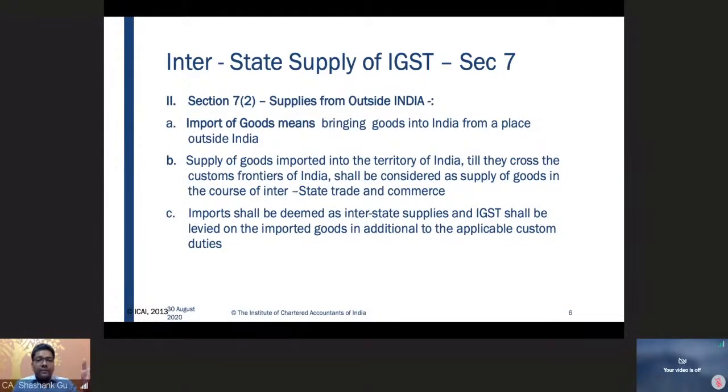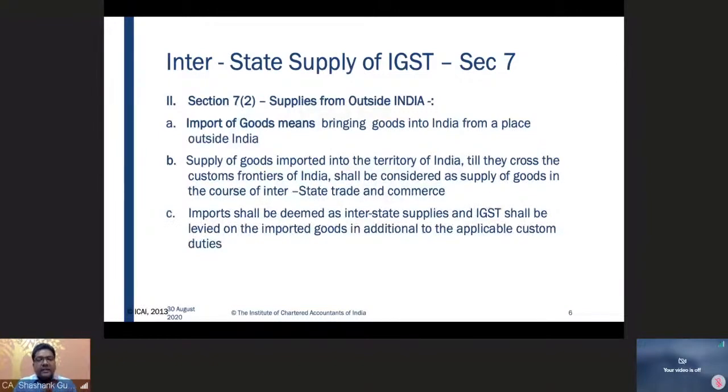And you would have famously heard of the duty-free area on international flights. What is that duty-free area? That duty-free area is basically outside the territory of India, wherein you can collect goods but no tax is charged because that is deemed outside the Indian territory.